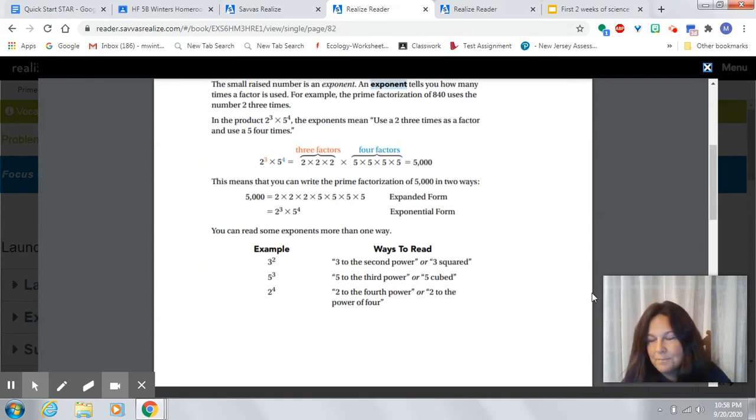So let's take a look at some different ways that you can read these. You heard me say "to the power of." So this one here is 3 to the power of 2, or the second power. That's another way to say it. So 3 to the second power, or 3 squared.